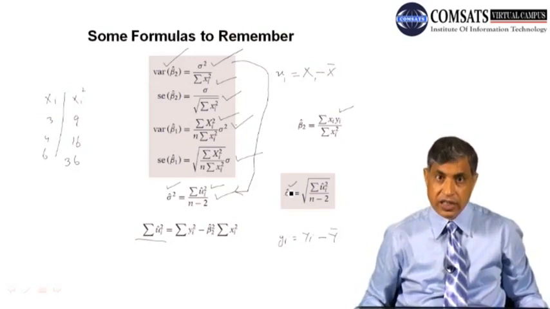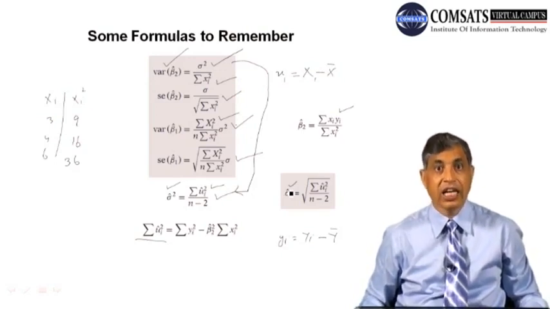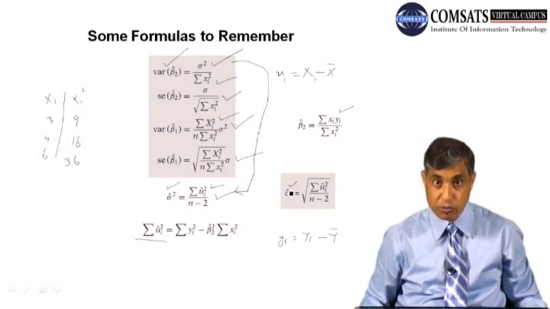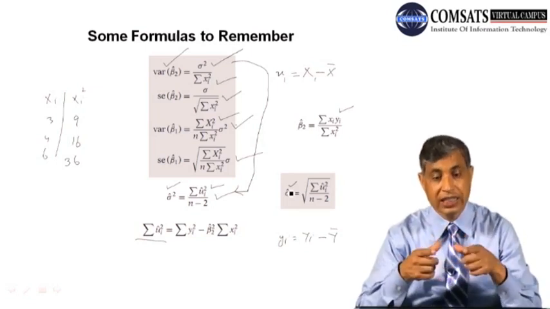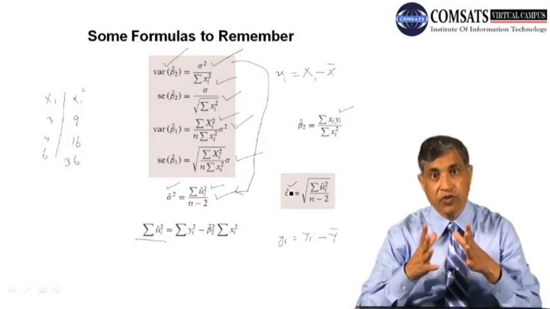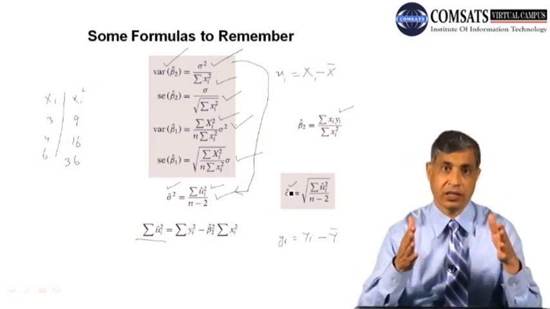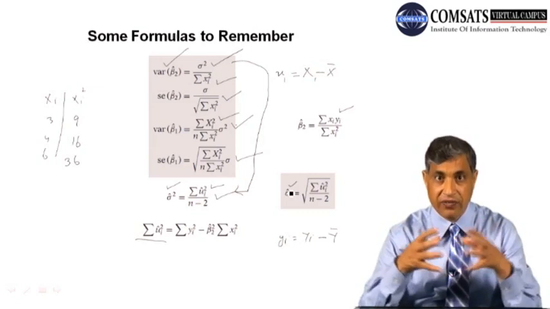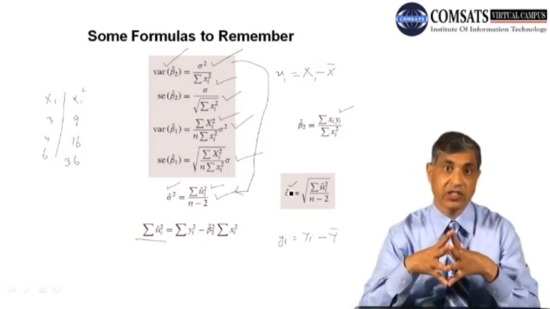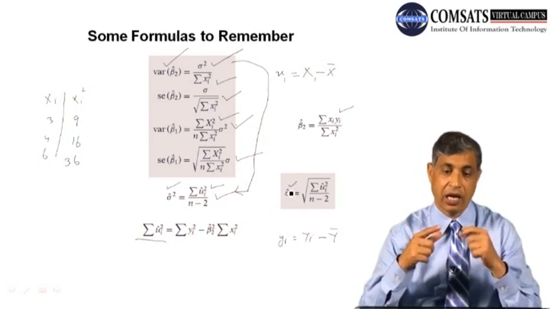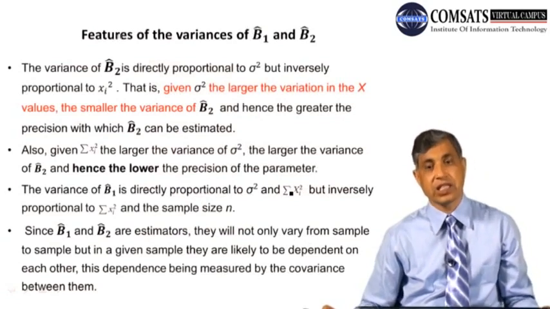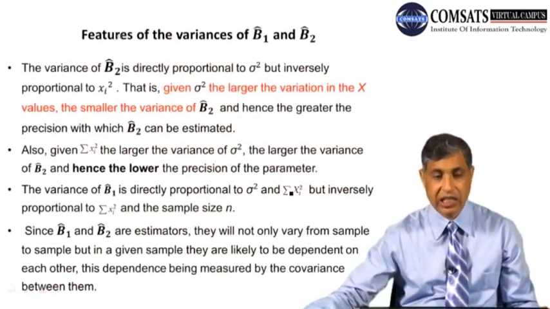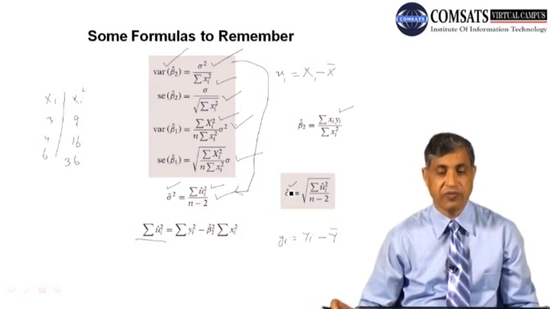What does this mean? First of all, do we want the variance of beta hat to be more or less? These are the estimated parameters. If they come from different samples, we want the variation between the parameter values to be very small. It has a direct proportional relationship with sigma square, but an inverse relationship with the denominator.